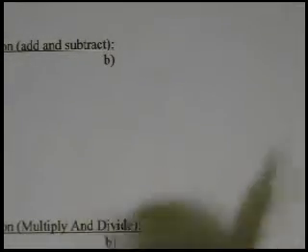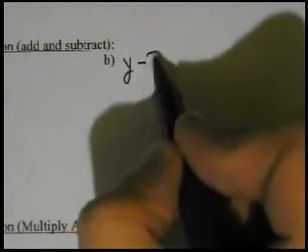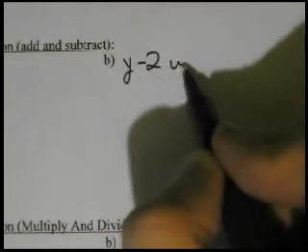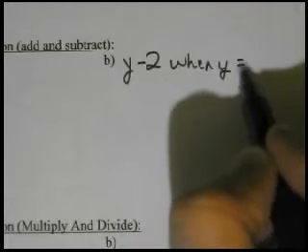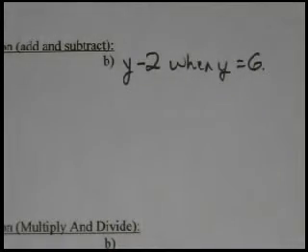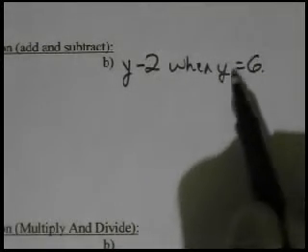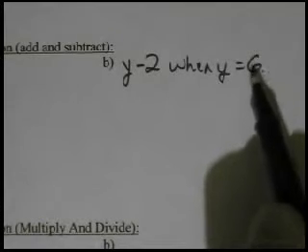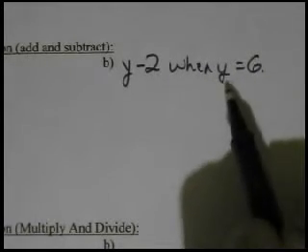Okay. Let's look at a second example. Example B. We're going to evaluate y minus 2 when y equals 6. Again, since y equals 6, that means 6 equals y. It works both ways.